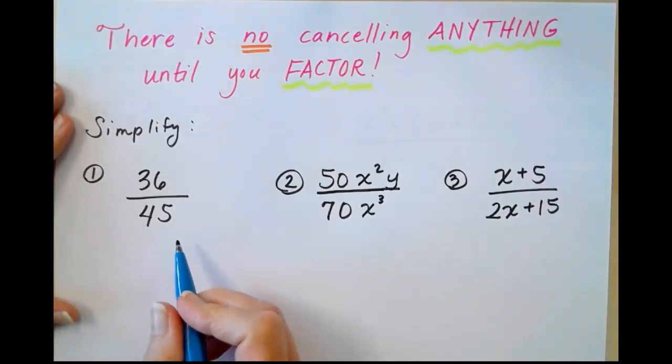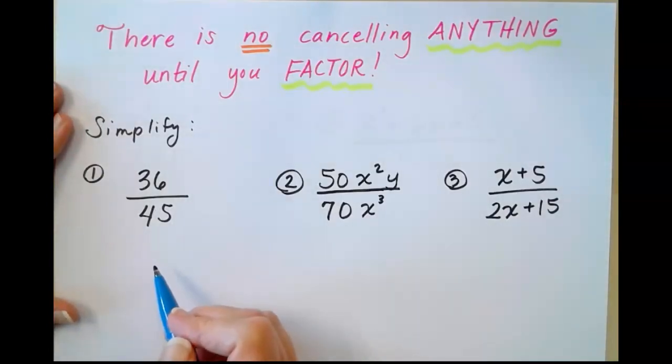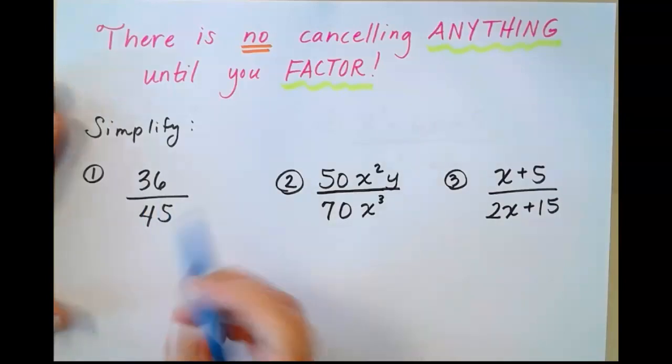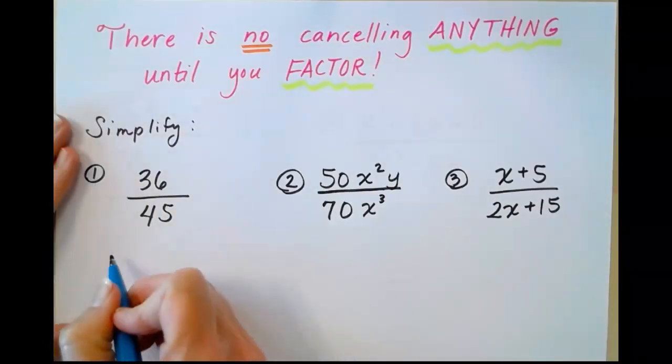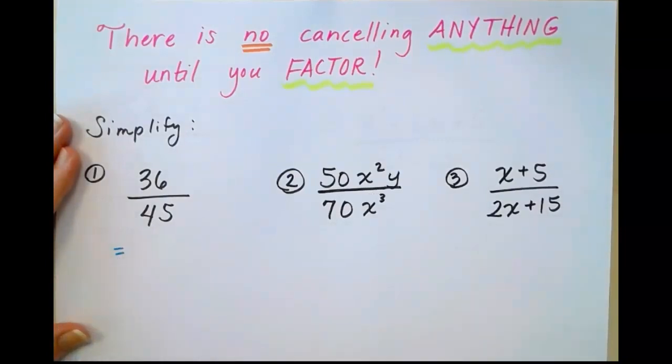And that even goes for fractions as simple as 36 over 45. If we wanted to cancel anything, really truly the first thing we need to do is think about factoring.